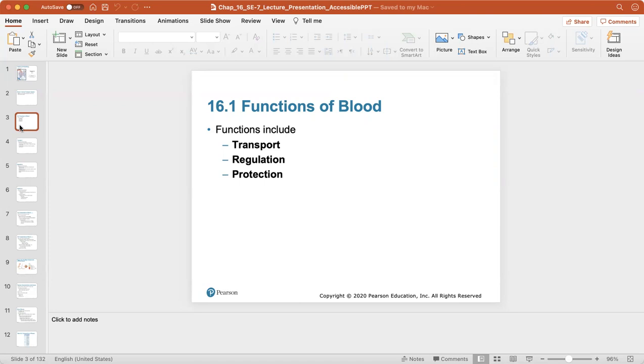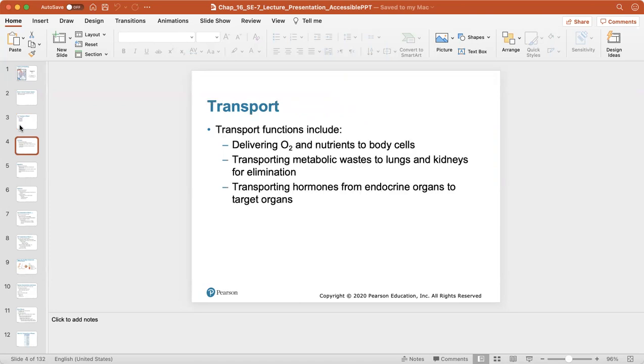The functions of blood, as you remember, work in the transport of molecules, regulating fluid levels and other ion concentration levels, and also help to protect. So they will transport all your white blood cells that help in the immune response. So transport includes delivering O2, transporting wastes, transporting hormones. So this is the transport function of blood.